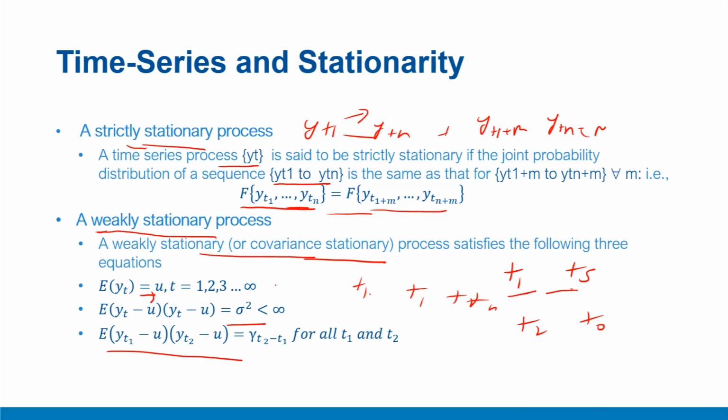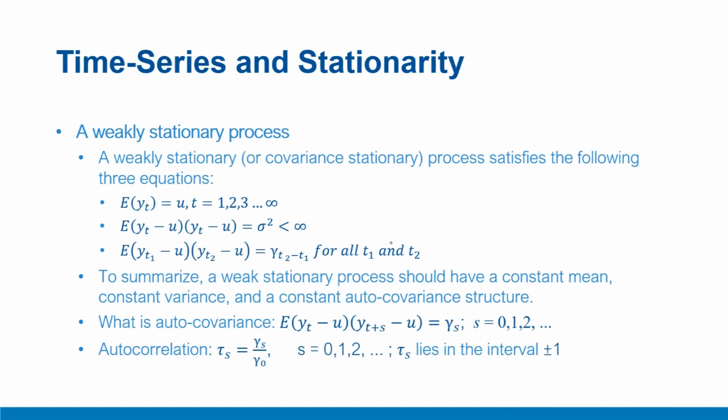In simple terms, a weakly stationary process is a process where the process mean or expected value, its variance, which is the second moment, and autocorrelation structure or autocovariance remain constant across time. We also noted that it is difficult to make much use of the autocovariance, which is this expression, the expectation of yt minus mu, where mu is nothing but the expected value of yt itself, times yt plus s minus mu.